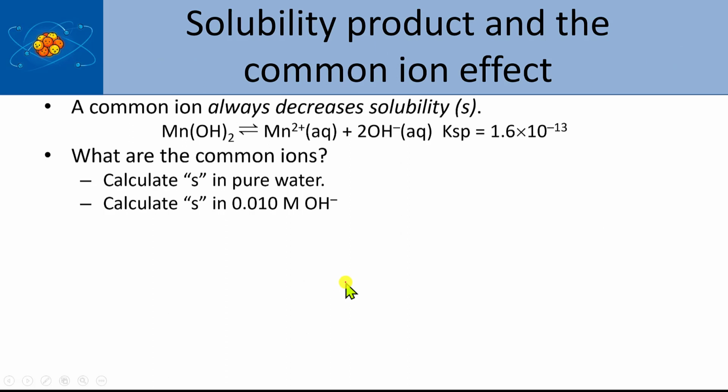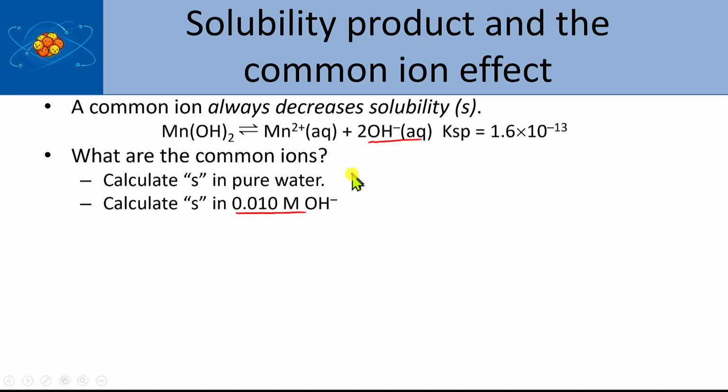Let's look at a solubility product calculation with manganese hydroxide. Its Ksp is 1.6 times 10 to the minus 13. And what we're going to do is calculate the solubility in pure water and look to see how that solubility compares when the manganese hydroxide dissolves in a solution with the hydroxide ion already present. So the common ion for this particular reaction will be the OH minus.